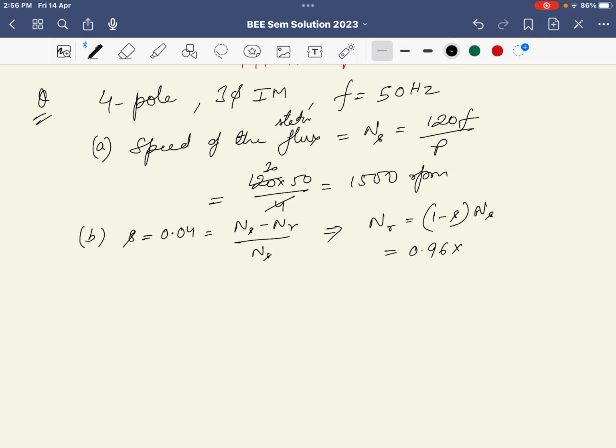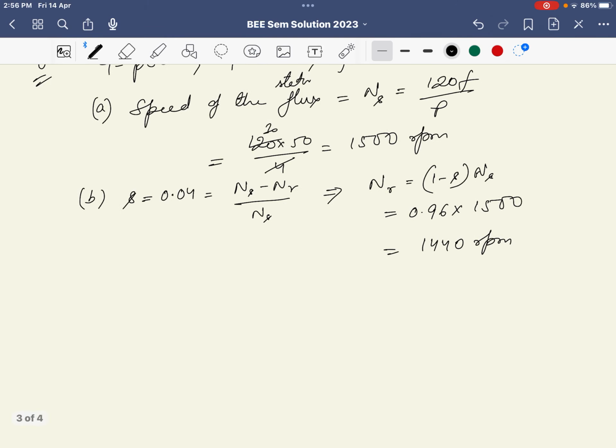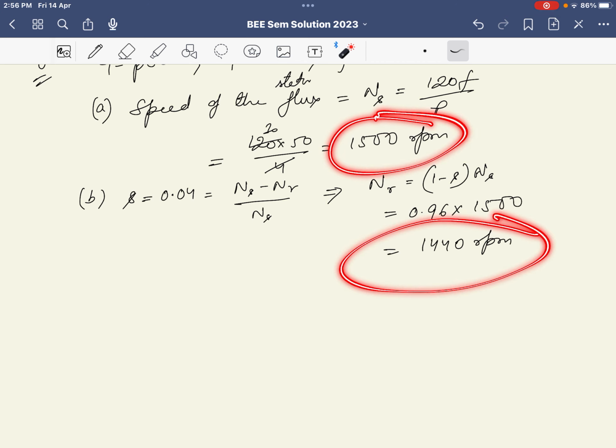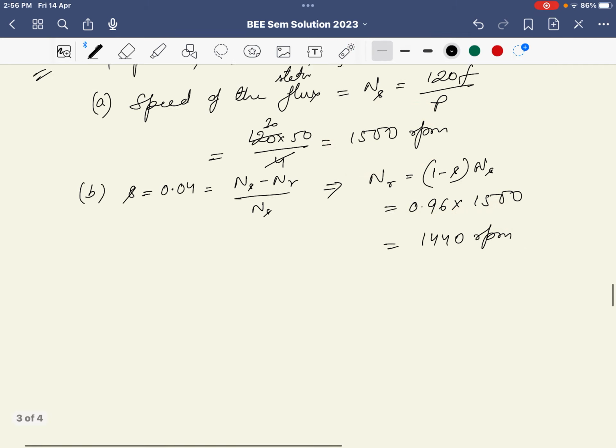That gives 1440 rpm. So the rotor is running at this speed. Your synchronous speed is 1500 rpm and the rotor is running at 1440. The difference, 60, is the speed of the rotor flux.